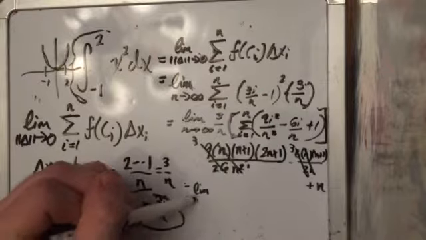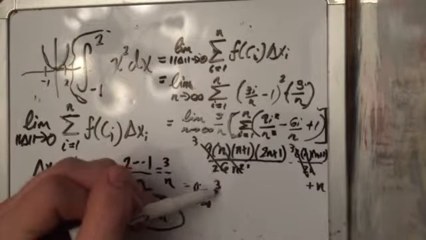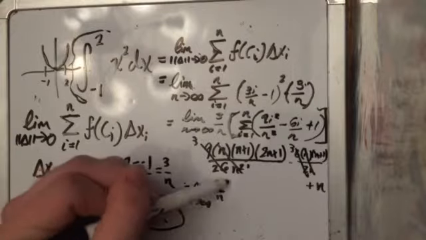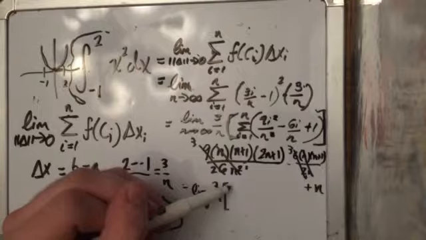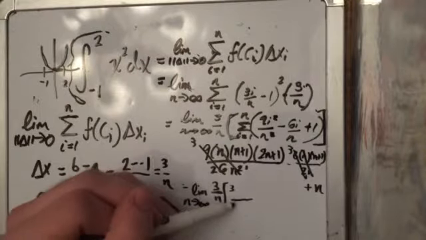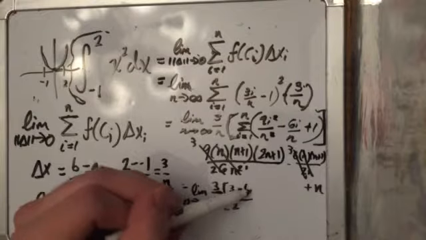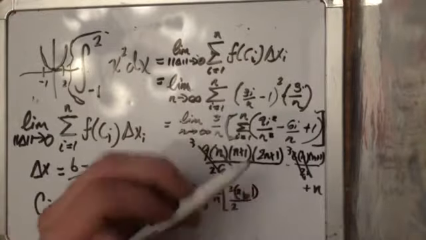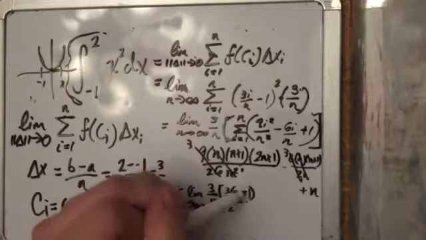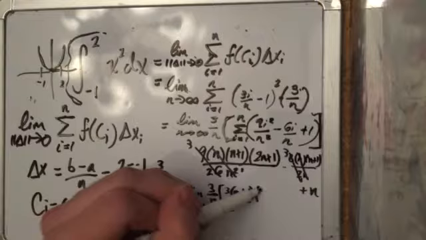The limit as n goes to infinity of 3 over n times 3 halves times n plus 1 times 2n plus 1.